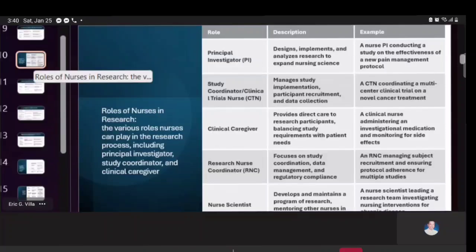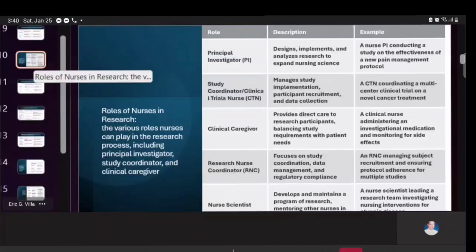What about research nurses as coordinators? They focus more heavily on the coordination and management of different aspects of research. They are often responsible for managing subject recruitment, ensuring data integrity, and maintaining compliance with regulatory requirements.